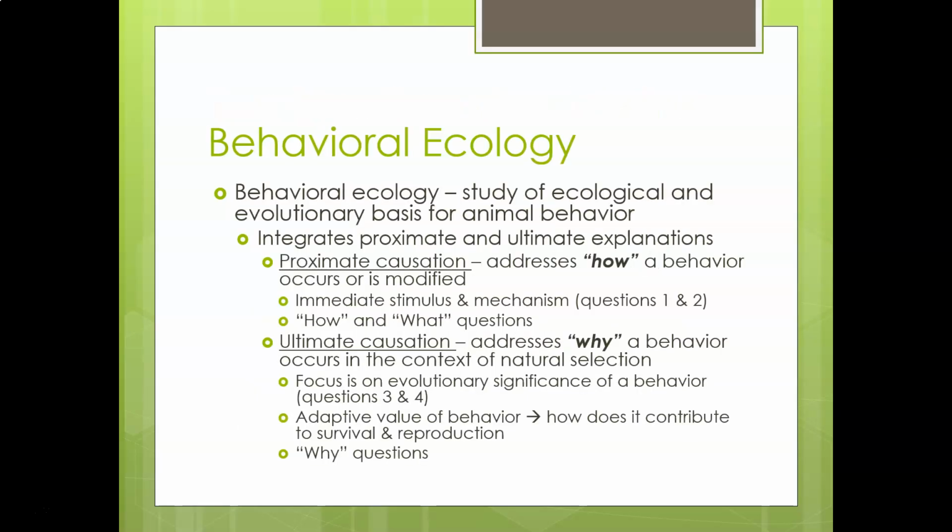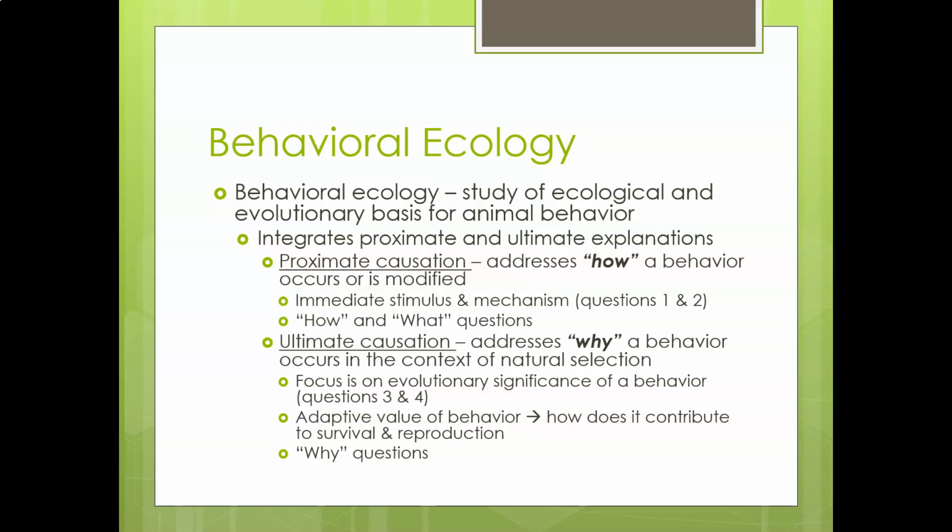So when we look at behavioral ecology, the study of the ecological and evolutionary basis for animal behavior, this is going to integrate those four questions, really fitting into the explanations for why we see these behaviors. So we're going to talk about them as either proximal causation or ultimate causation.